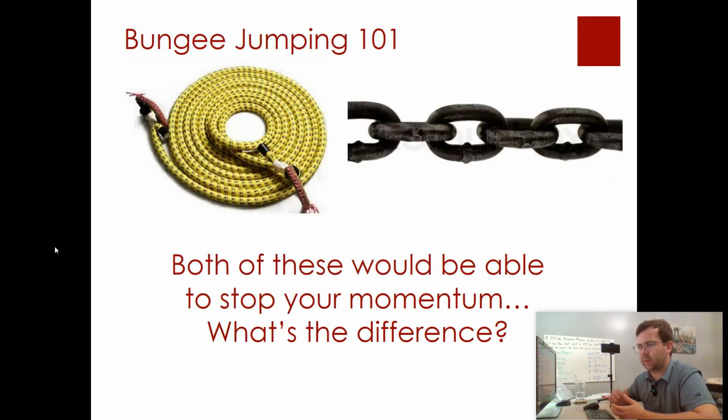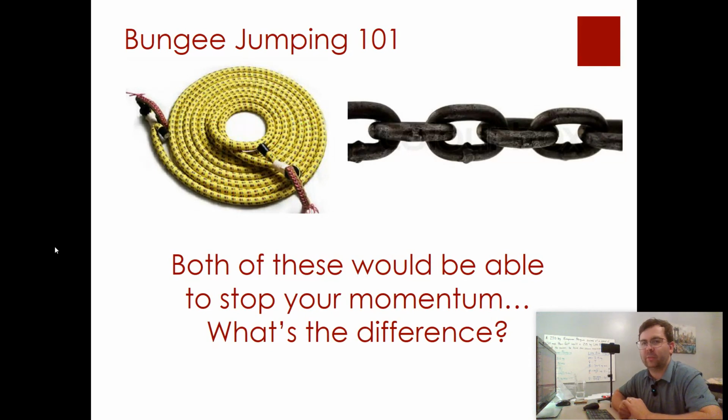So now we can finally come back to our original question. Which of these is better if you're going to be bungee jumping? Both of them can stop you. That's true. Both of them can arrest your momentum completely. However, one of them does it over a more gradual, longer extended period of time.